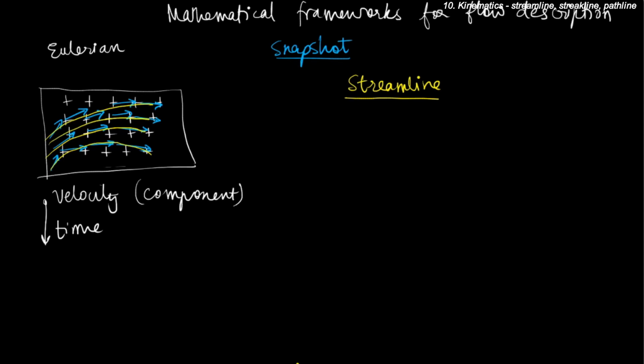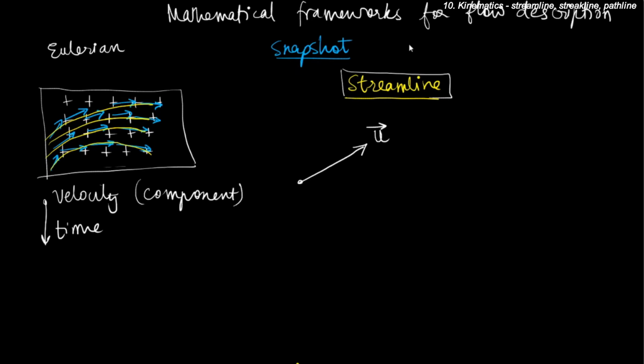And the meaning of something being tangential to all the velocity vectors, let us try to put it in mathematical terms. So suppose I have a velocity vector like this. I can call it v, I can call it u, doesn't matter.